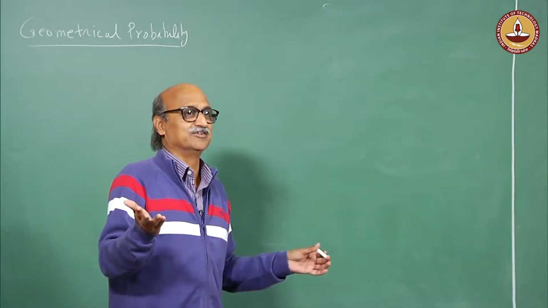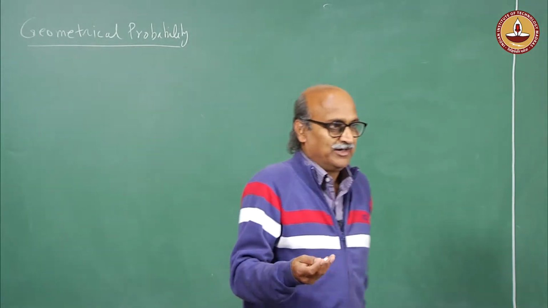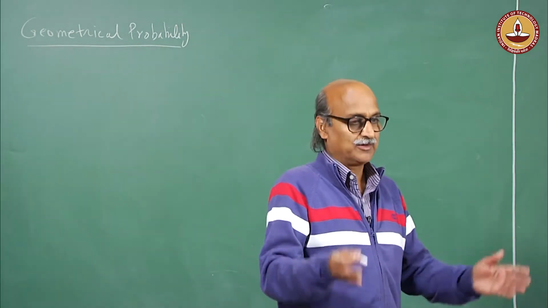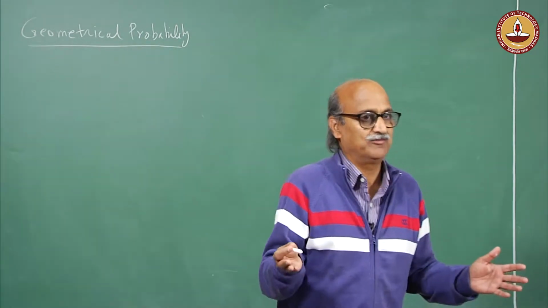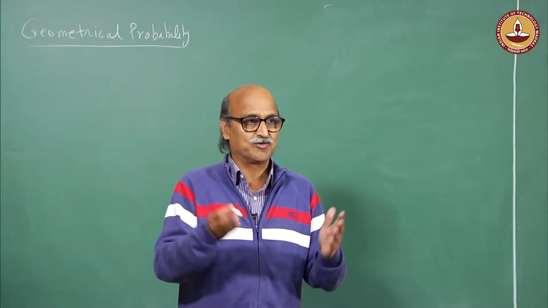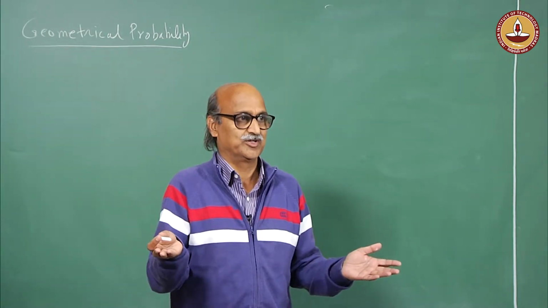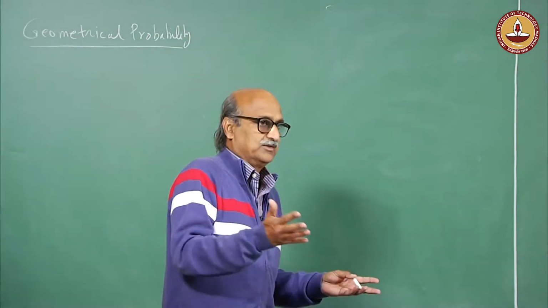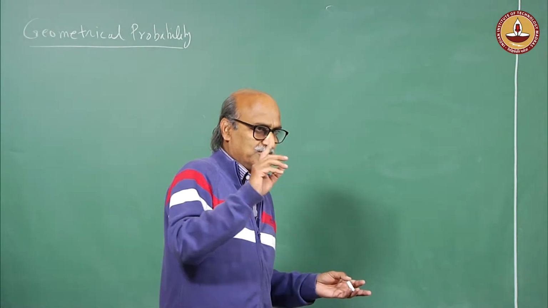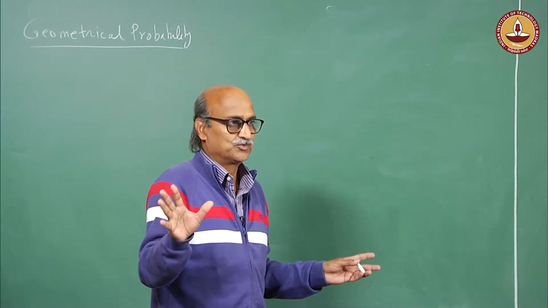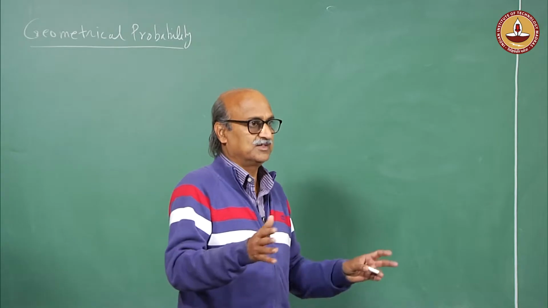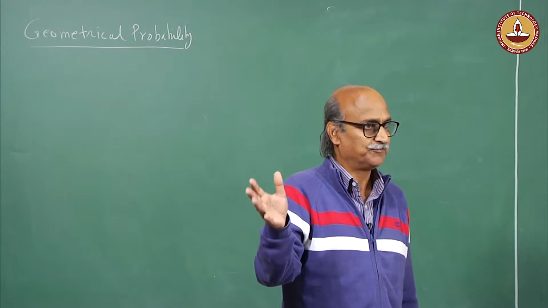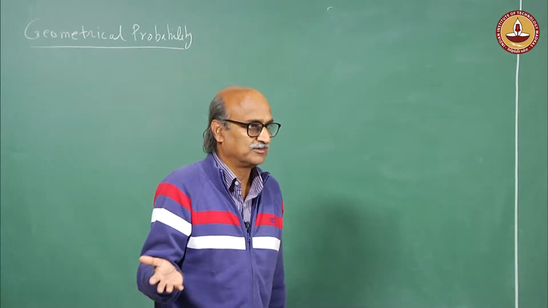How did we arrive at these results? For the probability of getting a 3, you look at the total number of outcomes you have. The total number of outcomes is 6 in a dice experiment: 1, 2, 3, 4, 5, 6. Getting a 3 means we have only one favorable outcome. So, probability in this case is the ratio of favorable outcomes to the total number of outcomes. So, 1 upon 6.